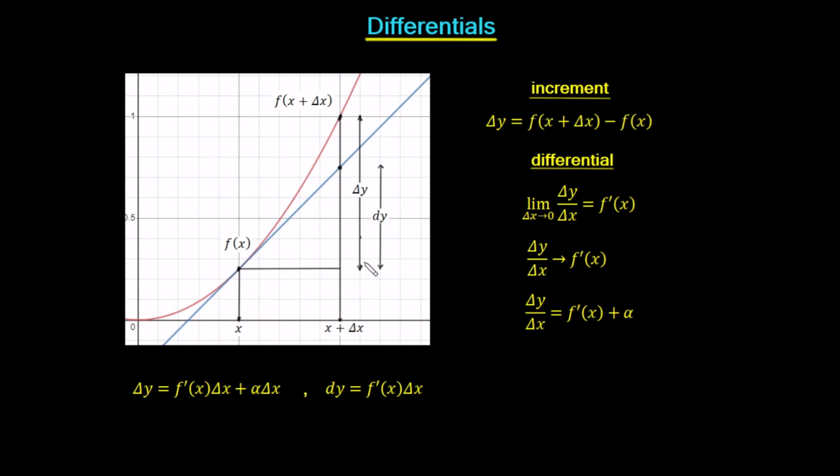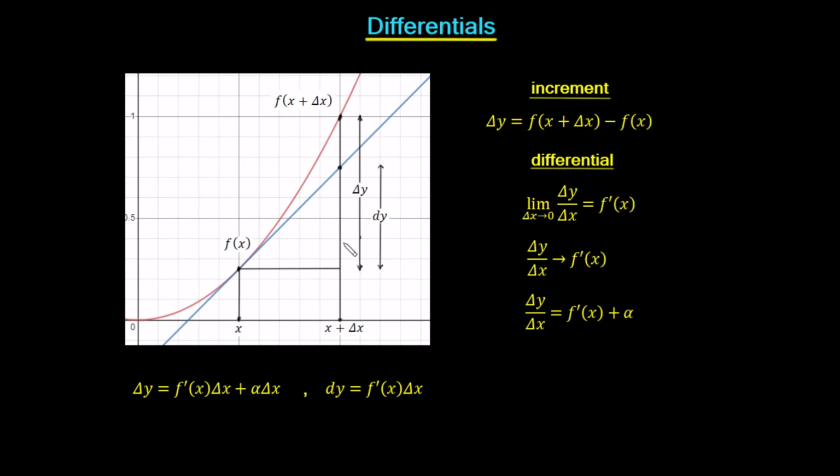So if this distance delta y is the increment, then what exactly is the differential? Let's talk about this first, and then we'll look at the mathematics. Put simply in words, the differential is the linear approximation of this increment delta y. What does that really mean?